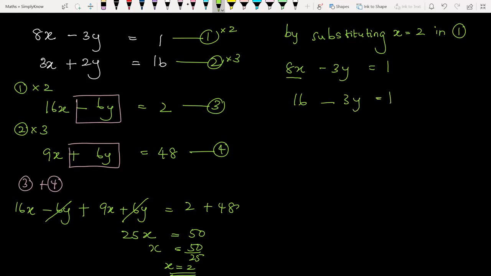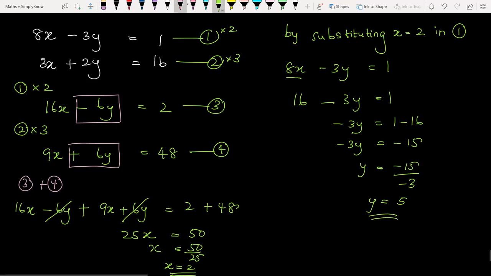So if I transpose 16 to the other side, it will become 1 minus 16. And this side we have minus 3y. So 1 minus 16 is minus 15. Minus 3y equals minus 15. Therefore, y equals minus 15 divided by minus 3. It's plus 5. So y equals 5.